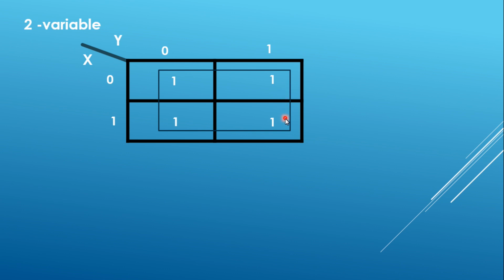That means you can group 2 ones together, you can group 4 ones together. Then after 2, it is 4, 2 square is 4, 2 cube is 8. Correct? So it has to go in powers of 2. And you have to try to put maximum ones in a single group, and you have to reduce the number of groups. That should be your intention.